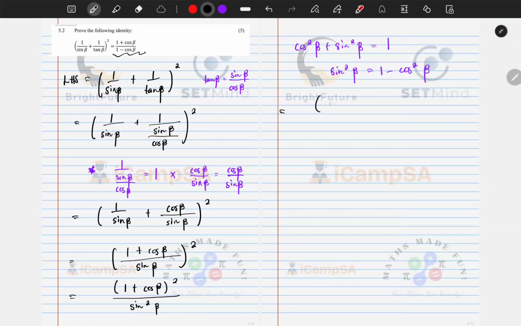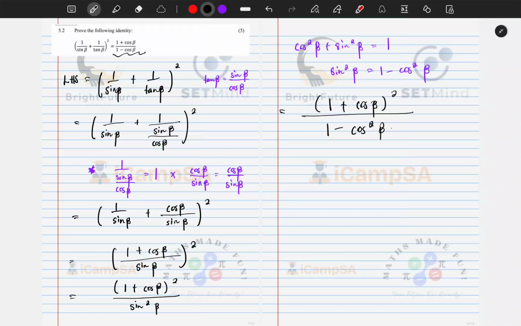So we are going to have 1 plus cos of beta, all squared, over 1 minus cos squared beta. Now we have something almost similar to the denominator.